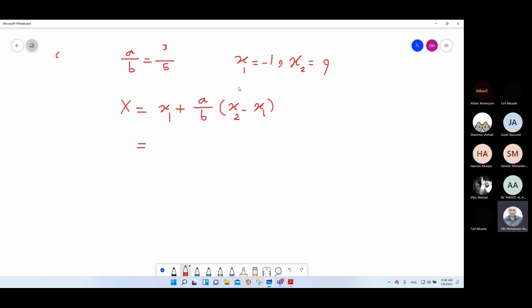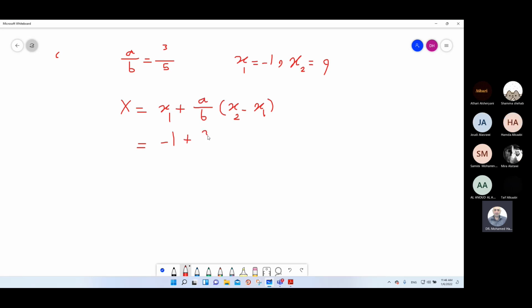What is x1? Negative 1. Plus, what is A over B? 3 over 5. What is x2? 9. What is x1? Negative 1.